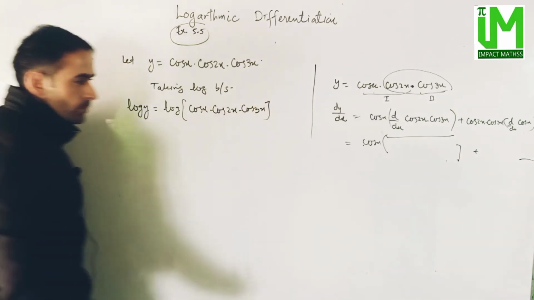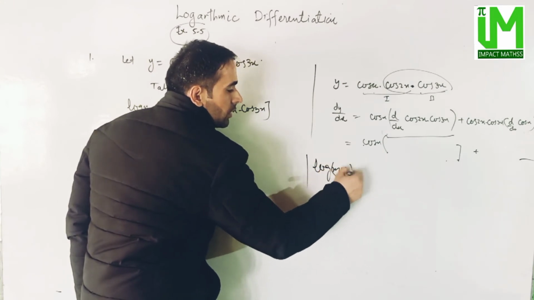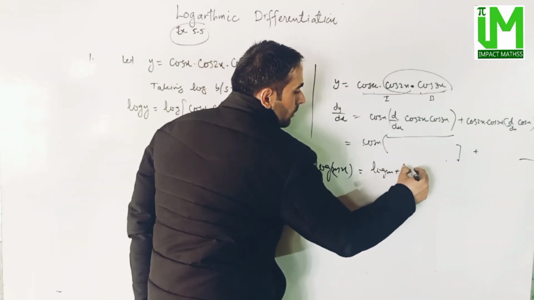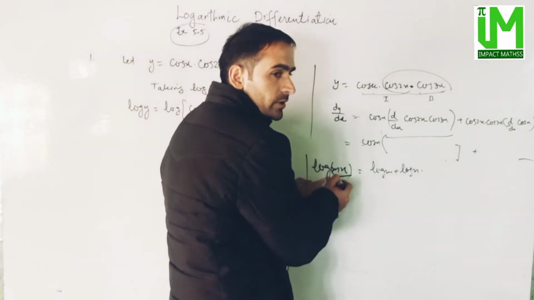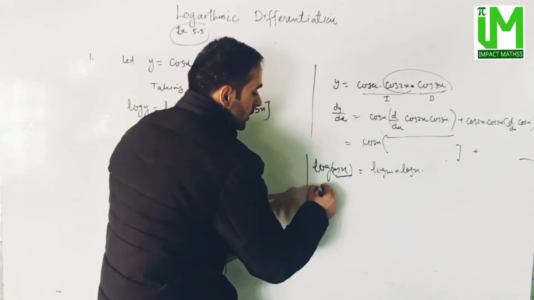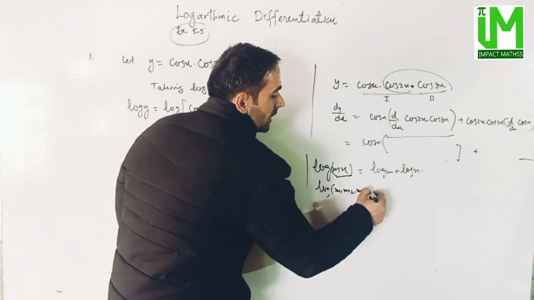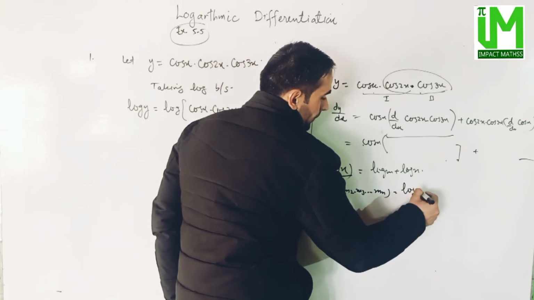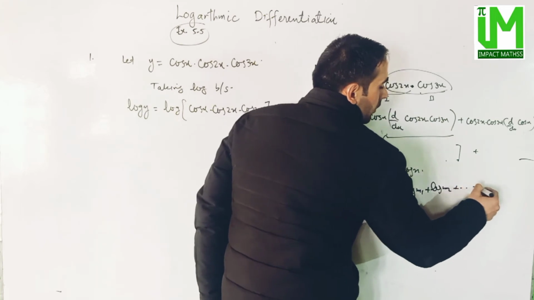There is a property: log of m into n is equal to log of m plus log of n. This is for two numbers, and this can be extended to any finite number of terms. Say we have log of m1 into m2 into m3 up to mn, so this will be equal to log of m1 plus log of m2 plus up to log of mn.